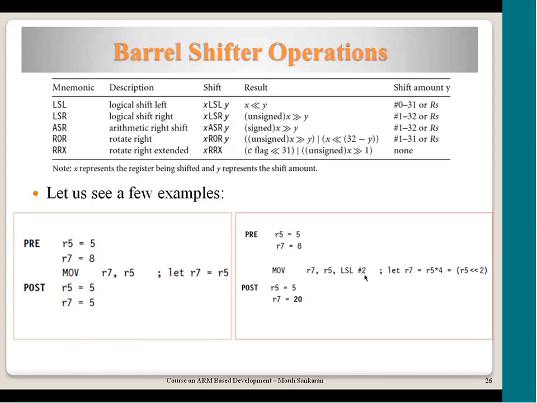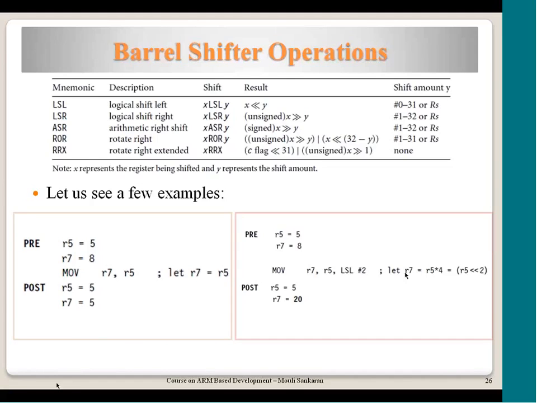And how many bits is it shifted? 2 positions. So because of that, this value gets changed, and you get the idea.